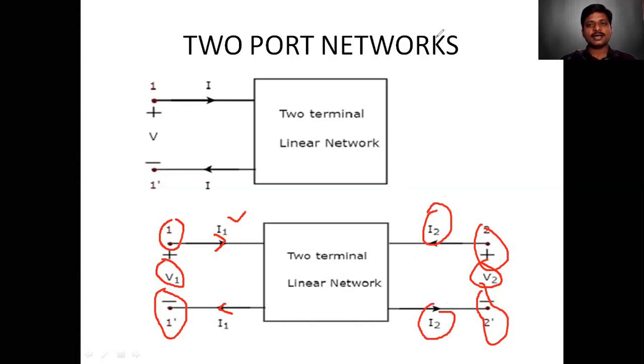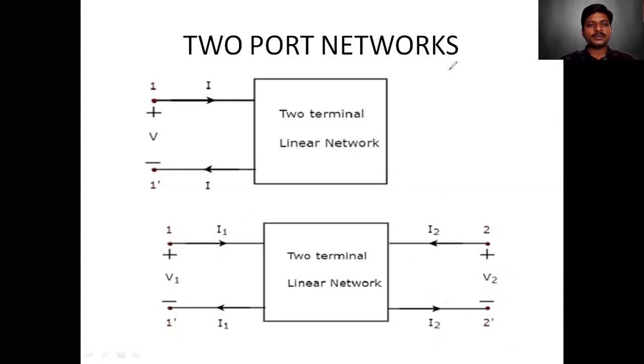So this is called a two-port network. A one-port network is a network that has a pair of terminals, and a network that has two pairs of terminals is known as a two-port network. So now we know what a one-port network is and what a two-port network is.